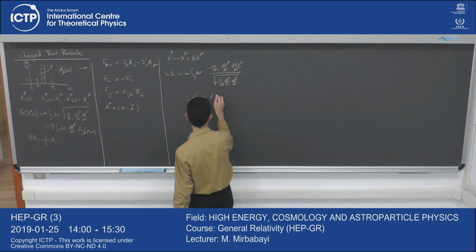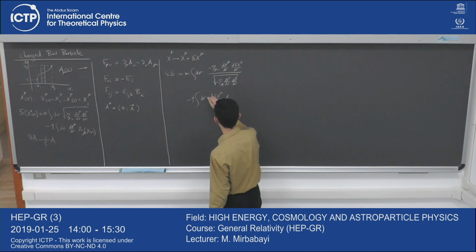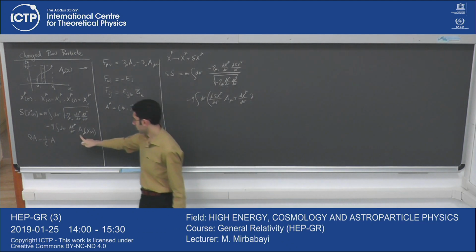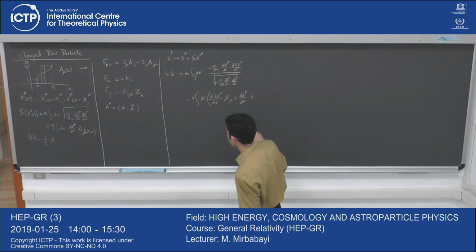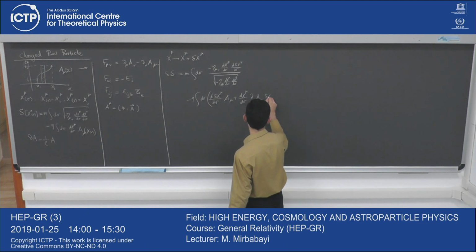So there are two terms. There is one which is d delta x mu d sigma times A mu, and then there is a second term which is dx mu d sigma, and it comes from the fact that A mu itself is evaluated on the trajectory of the particle. So then I have d nu A mu delta x nu.